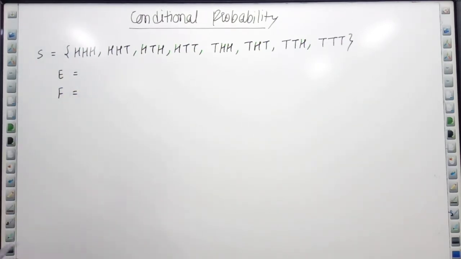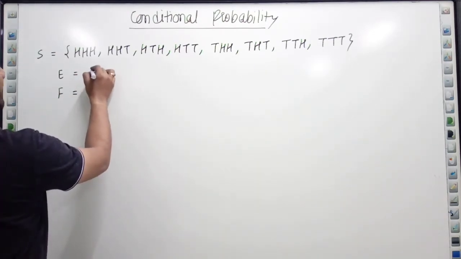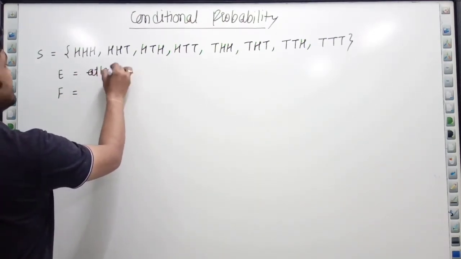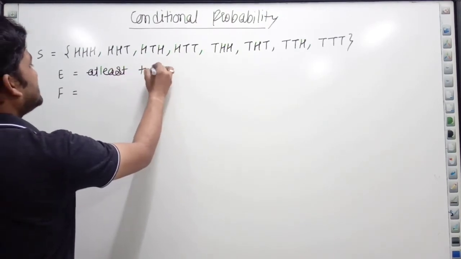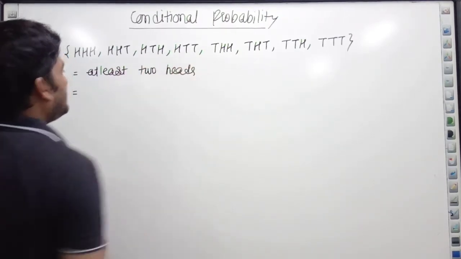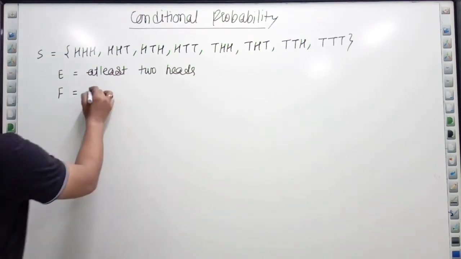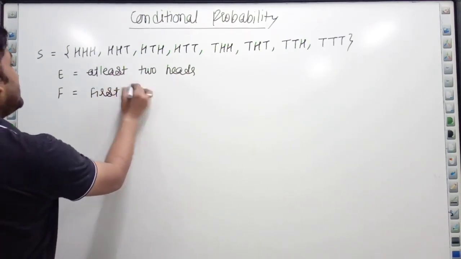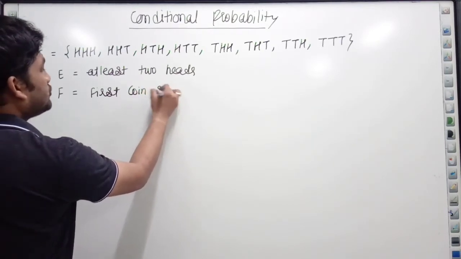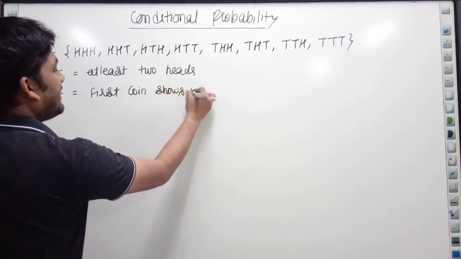Now what is event E? At least two heads occurring. What is event F? The first coin shows tail.